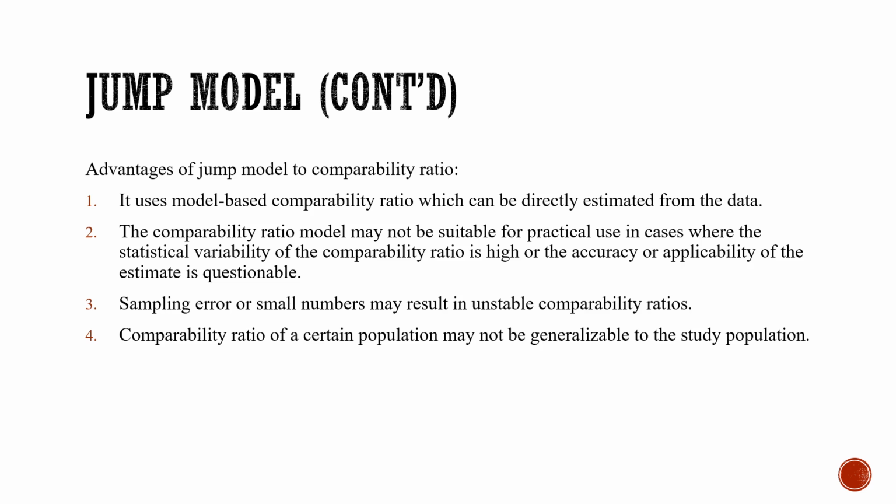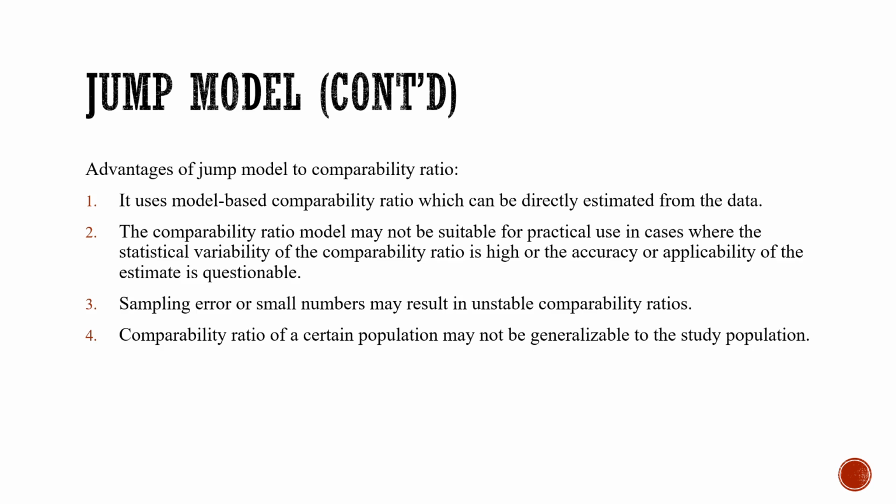Advantages of using the jump model over the comparability ratio are that the jump model uses a model-based comparability ratio, which can be directly estimated from the data. The comparability ratio model may not be suitable for practical use in some cases where the statistical variability of the comparability ratio is high or the accuracy or applicability of the estimate is questionable.